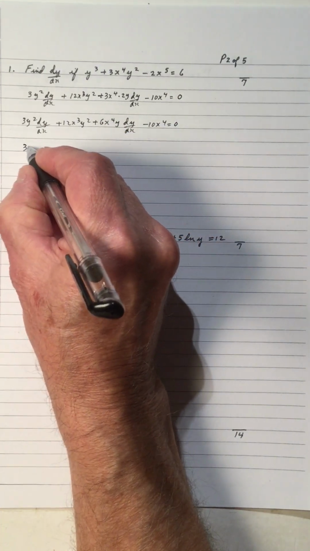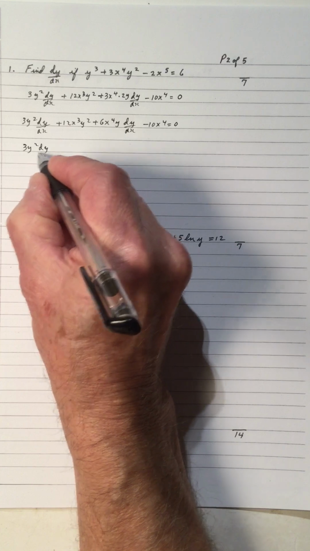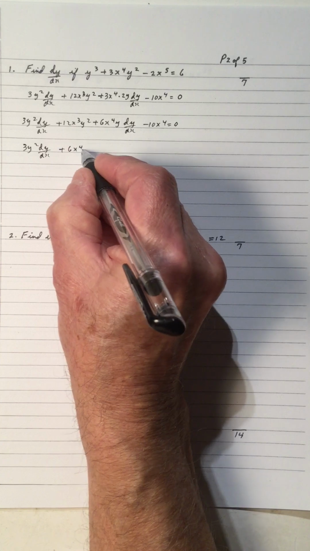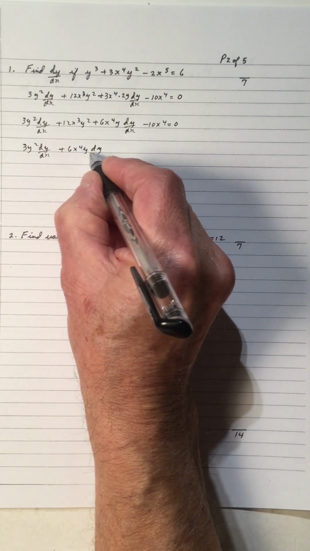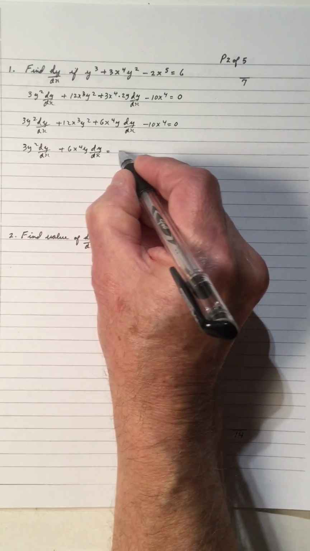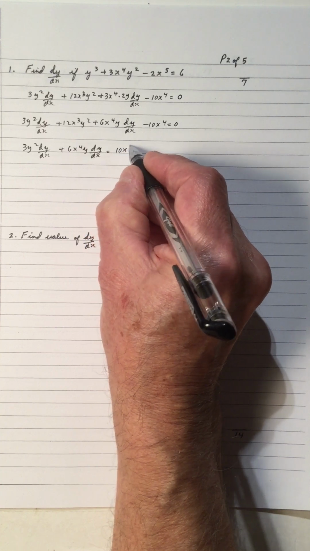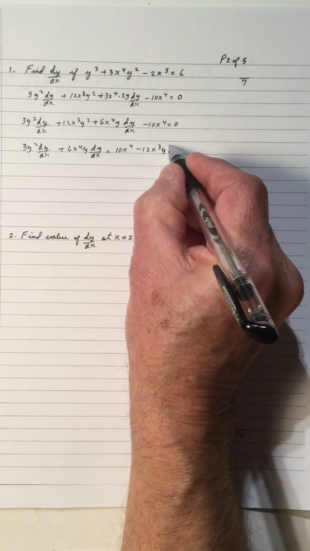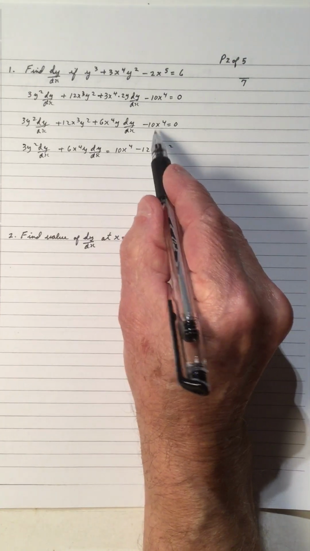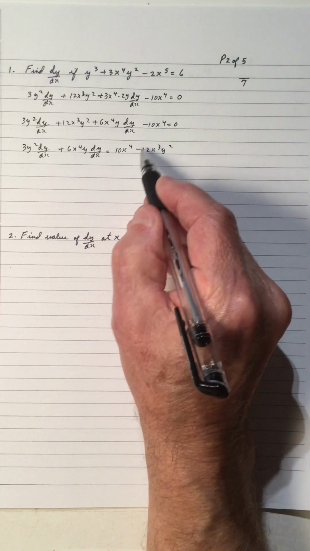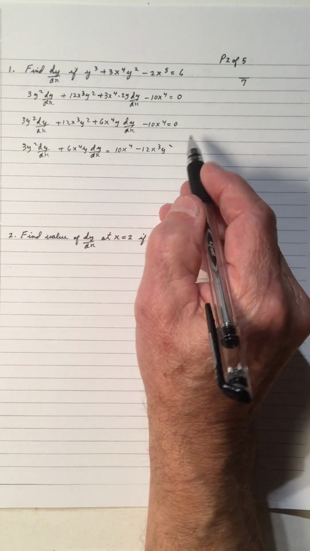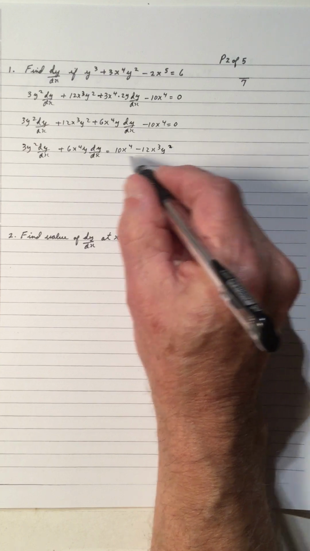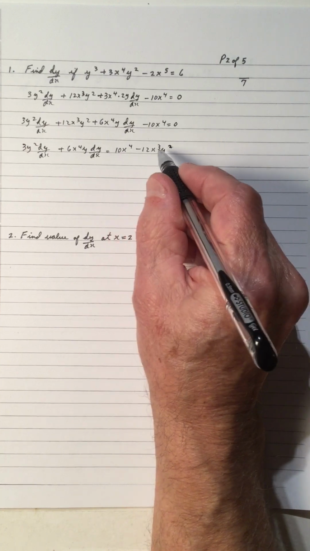We have 3y squared dy/dx plus 6x to the fourth y dy/dx equals 10x to the fourth minus 12x cubed y squared. I'm going in descending order of the x's, because we have two variables there, x's first and then the y's.